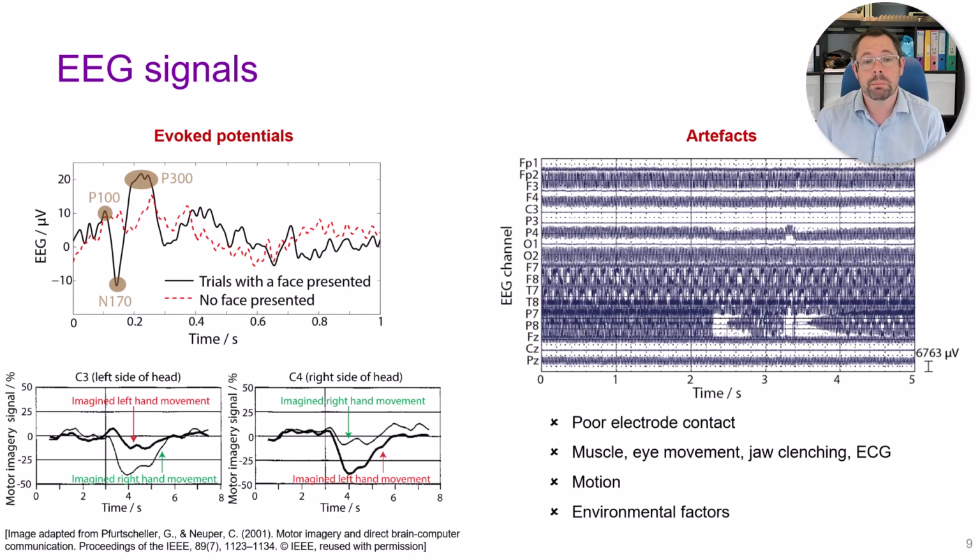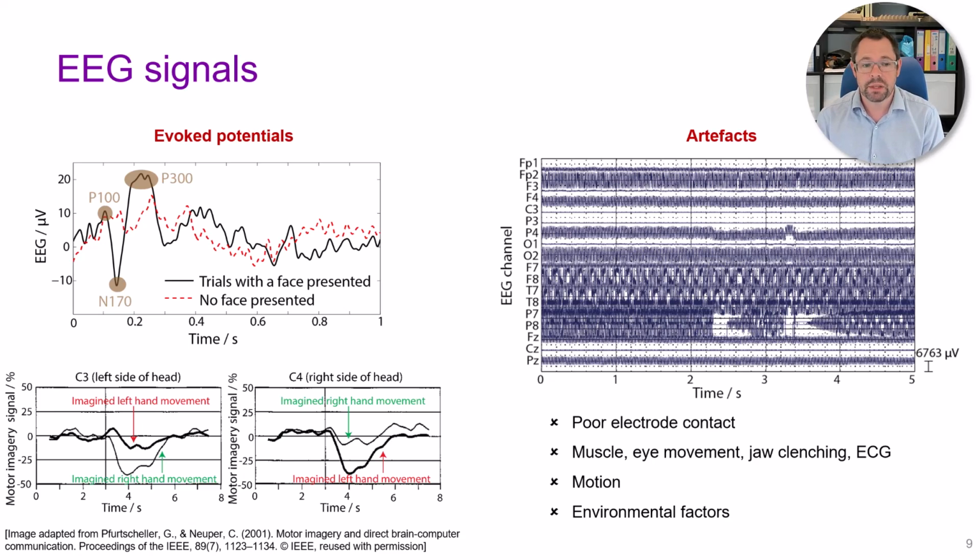We can go a step beyond that and actually have what are called evoked responses, which is to say if I give you some stimuli, that can cause a characteristic brain response. Often we have to do that a number of times and then average the results together to reduce the impact that noise has.